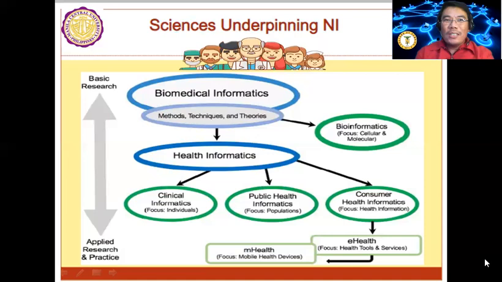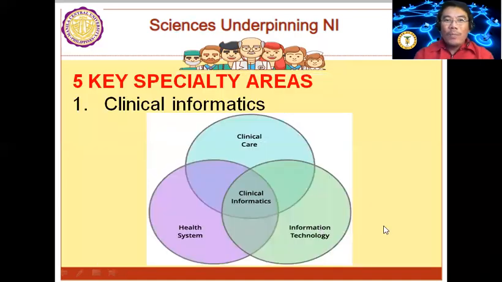Okay, so this is the framework of biomedical informatics. Let's start with clinical informatics. We have mentioned that clinical informatics is focused on the individuals. If you will notice in clinical informatics, we have the clinical care, the information technology, and the health system.